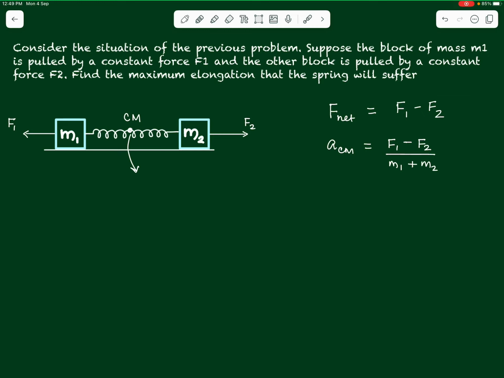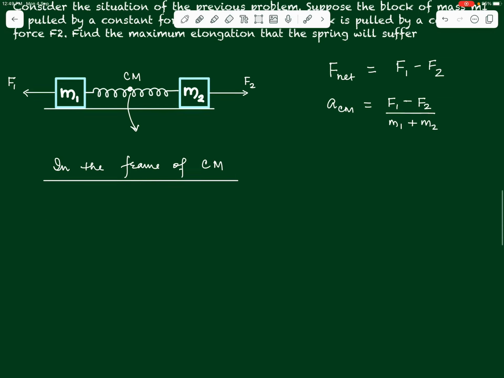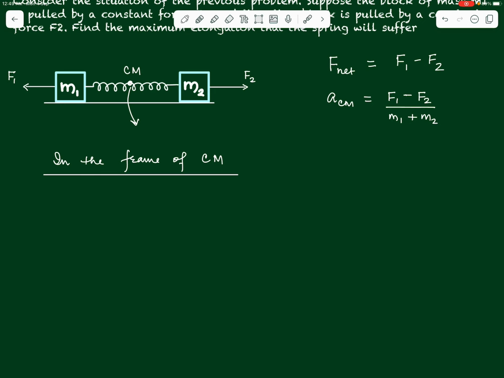And if the center of mass comes at rest, then we can once again use the same condition that we used in the previous question, that at the maximum elongation of the spring, the two blocks will be at momentary rest, right? So in the frame of center of mass, CM, we can use the condition for maximum elongation of the spring, right.